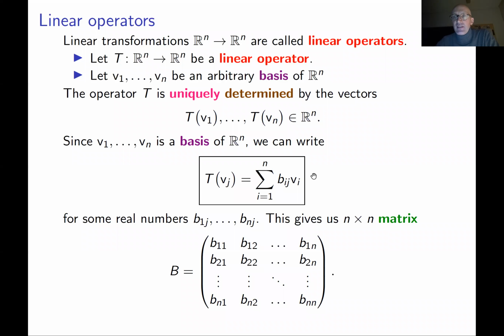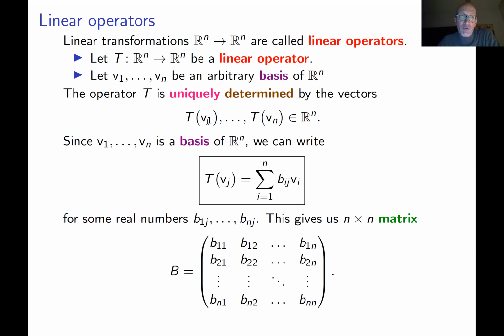Then I take these n squared numbers and put them into an n times n matrix, which I call B. So what is the first column of this matrix? The first column is the numbers Bij which appear in the sum when j is 1.